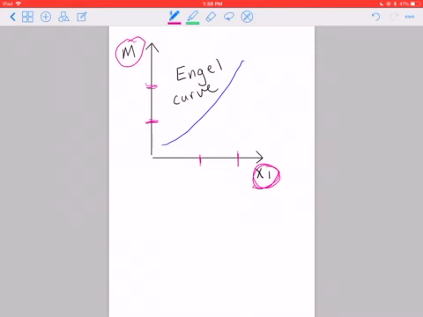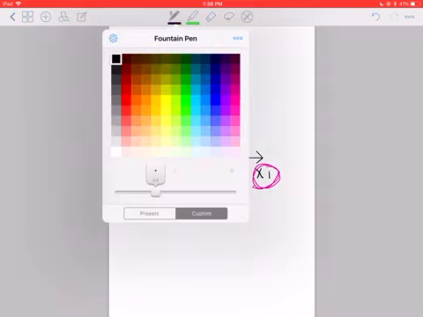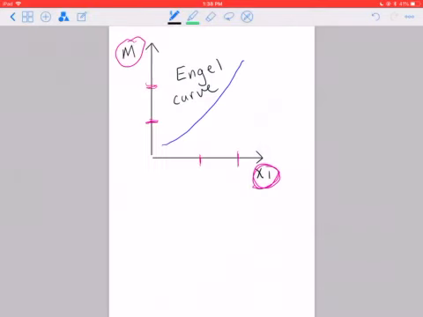We can have Engel curves that look a little different from this curved line. If we draw another graph really quick, we can see. For perfect substitutes, our Engel curve line would be straight like this, because if the prices are exactly the same, we'll choose to buy either of those products.